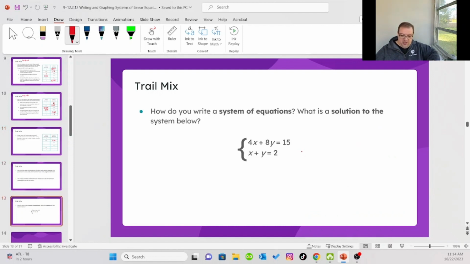So we would write the solution as a point pair. 0.25 comma 1.75. This is my x value, this is my y value, and that is the only point pair that satisfies both.